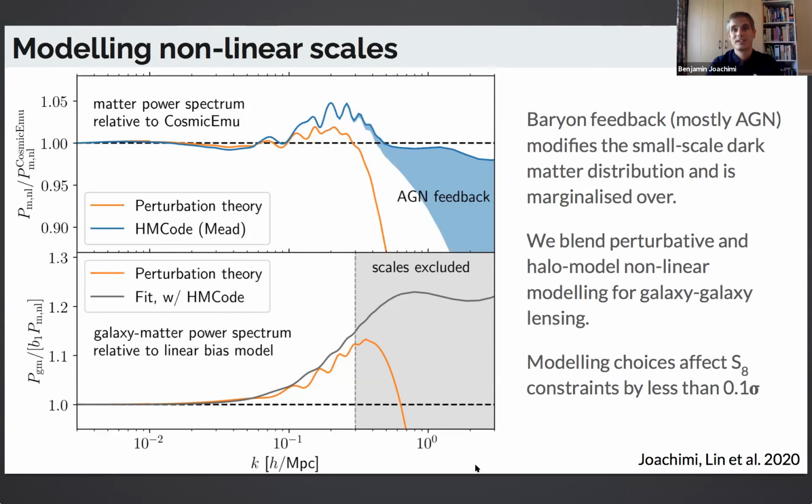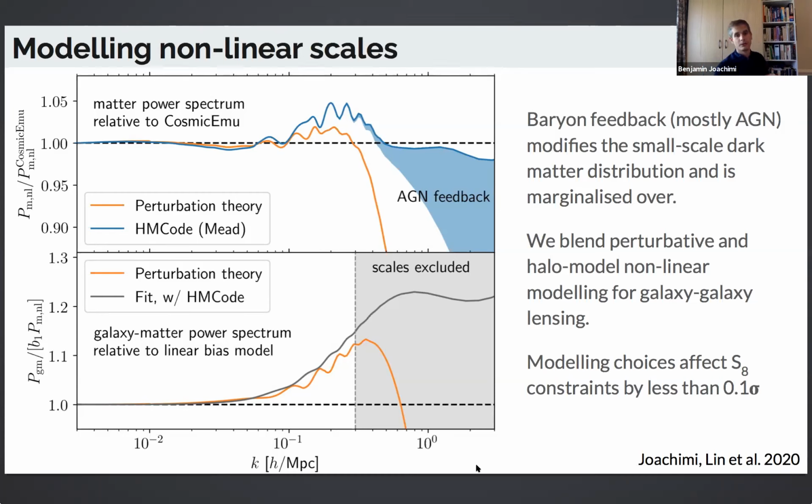Now on small scales, we have additional uncertainty because matter is being redistributed by baryonic feedback, in particular driven by AGNs, and the amplitude of that effect is quite unknown. And so we marginalize over this amplitude with a wide prior, and you see this prior regime here by the blue shaded region on the right, and that encompasses a range of predictions by various hydrodynamic simulations.